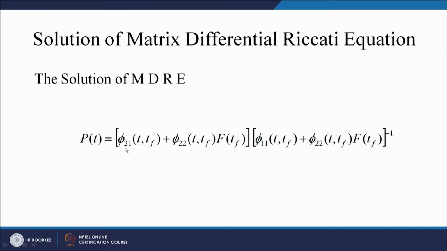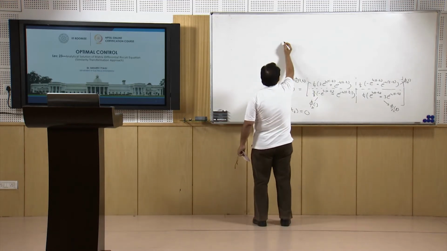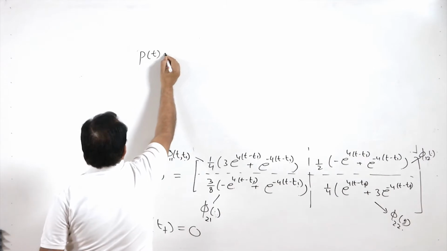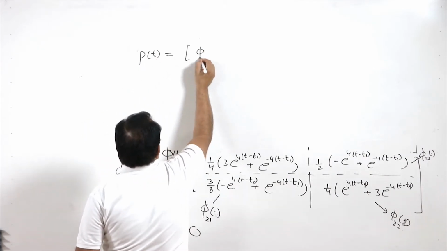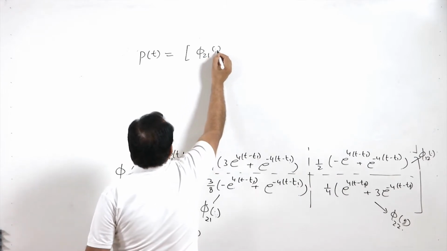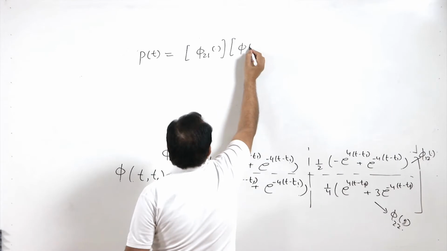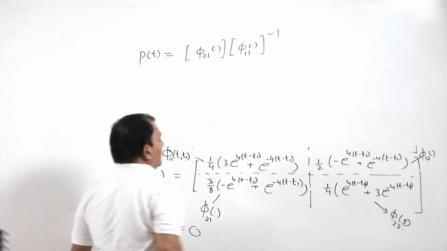So, my P of T is phi 21 multiplied with the phi 11 inverse. So, P of T I can directly write as phi 21 phi 11 inverse.